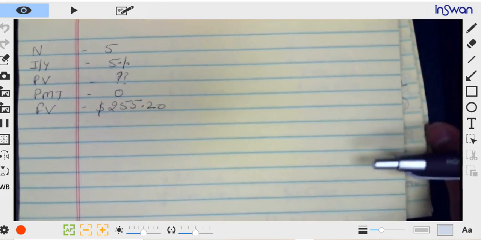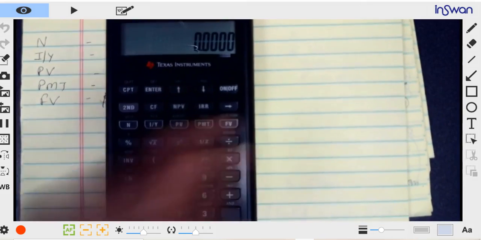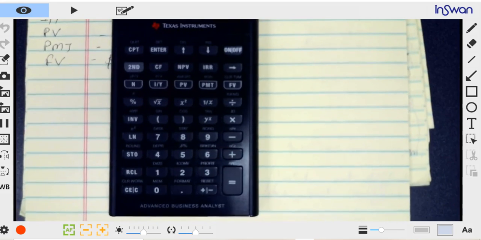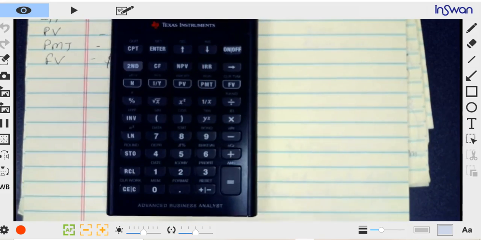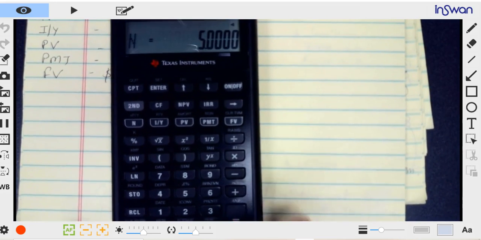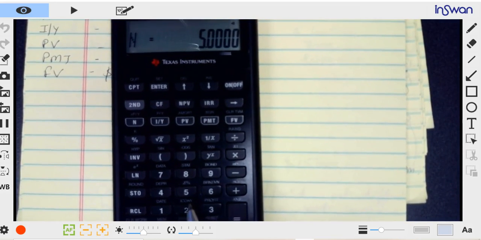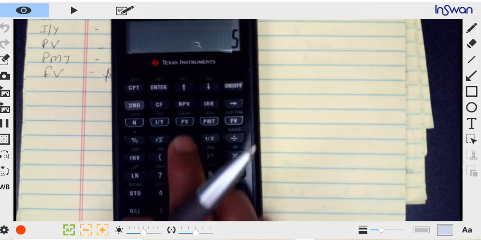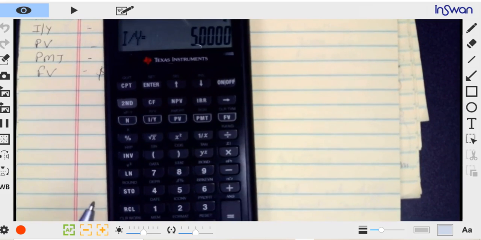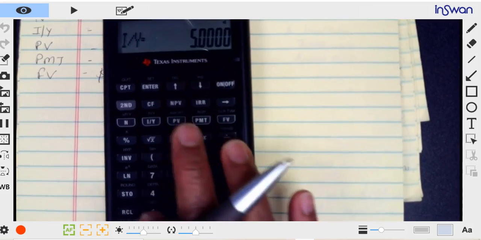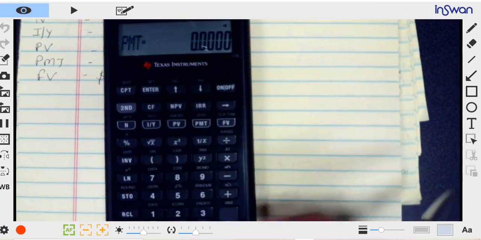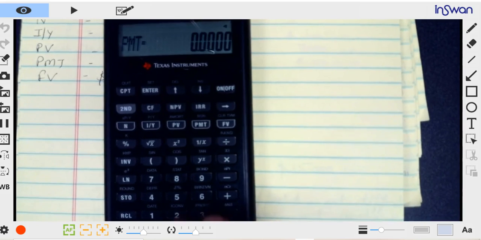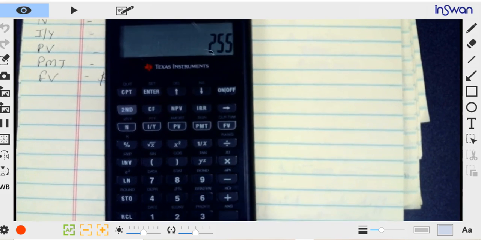Let's input these values in the financial calculator and we will get the results. N is 5. Then the interest rate again is 5%. Present value we want to calculate, so we won't do anything yet. 0 is the payment, there is no payment. Future value is 255.20.